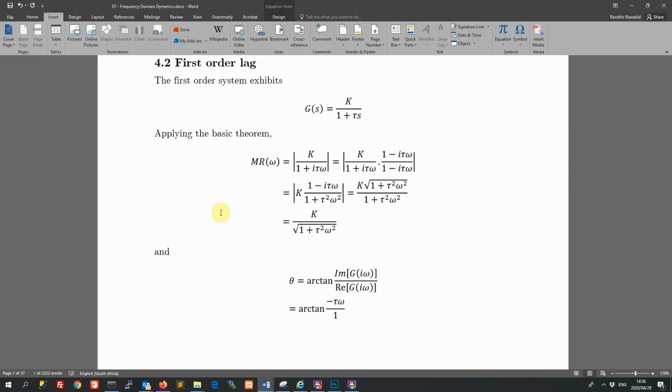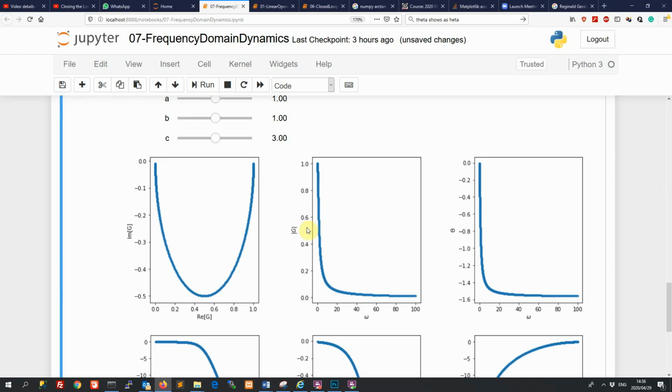If we go back to the equation, when omega is close to 0, then this is basically k over 1, so that's k. So if k equals 1, then the magnitude ratio at omega equals 0 equals k. In our case, we applied 1, so that's right here. So this is the point that we start out at.